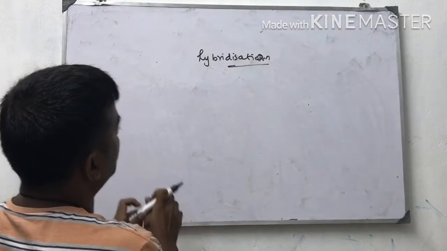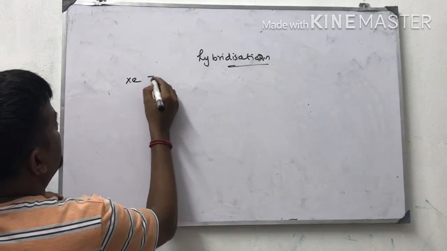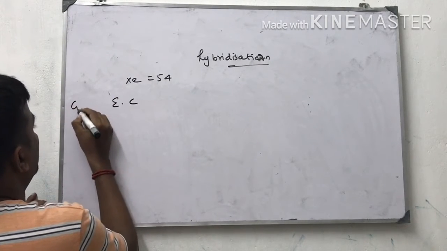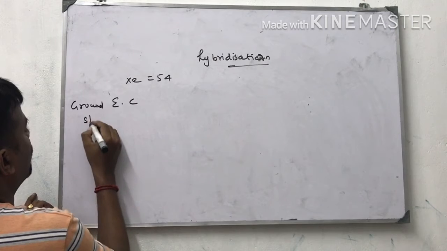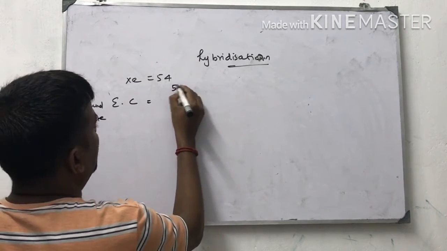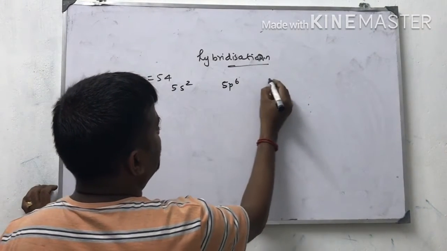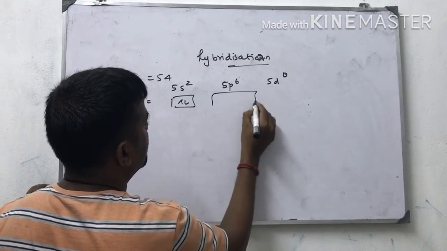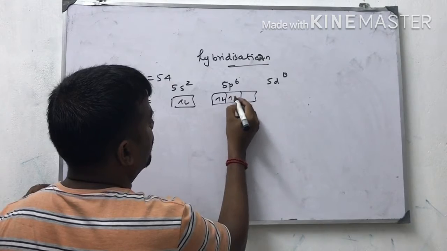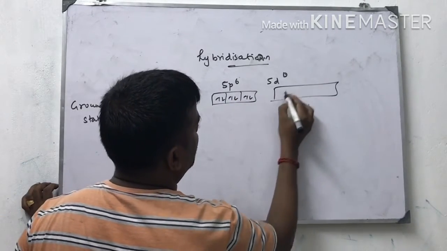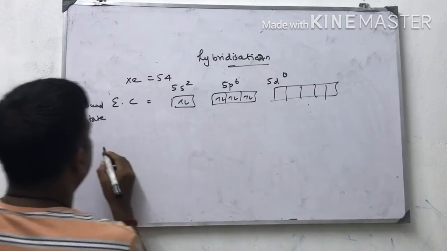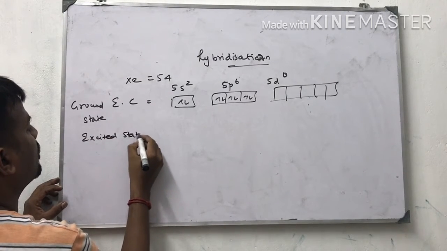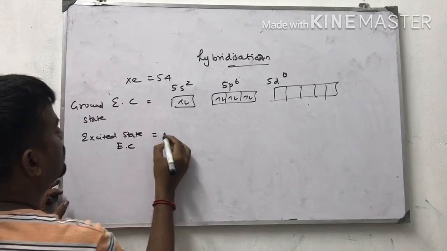Okay. Now I am going to tell about the hybridization. Xenon atomic number 54. The ground state electronic configuration is 5s2, 5p6, 5d0: 2 electrons in the s orbital, 6 electrons in the p orbitals, and 0 electrons in the d orbitals. Next is the excited state electronic configuration.